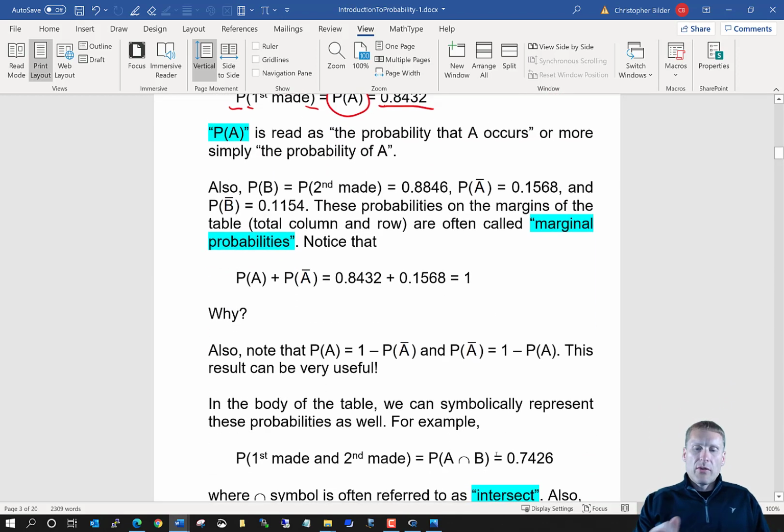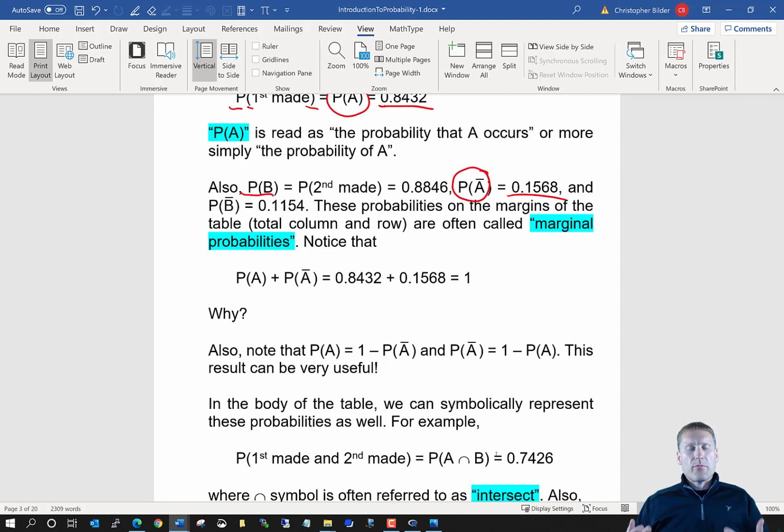We can also do the same thing for the probability of B, that's 0.8846. The probability of A complement is 0.1568. Again, the probability that Larry Bird missed that first free throw, where we don't care about what happened on the second.